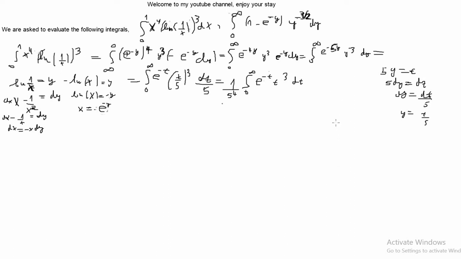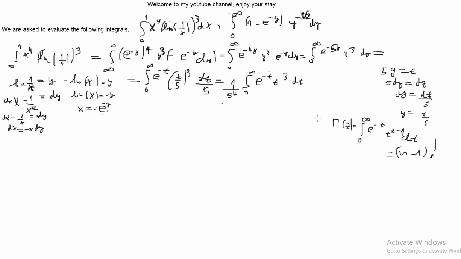There is a special function called the gamma function, defined as follows. Gamma of z equals the integral from 0 to infinity of e to the negative t, t to the power of z minus 1 dt, which is just z minus 1 factorial.